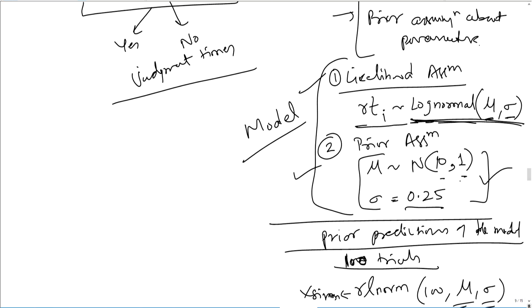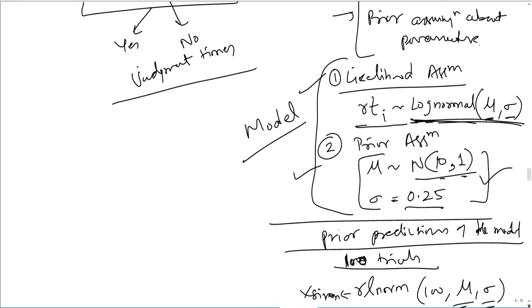Because of your prior assumption. You have already assumed that the value of mu is very large, somewhere around 10. If that is your assumption, then the prior predictive data is going to look like this: you would expect that your experiment would have observations like 10,000 milliseconds. And that is bad, because what is bad?